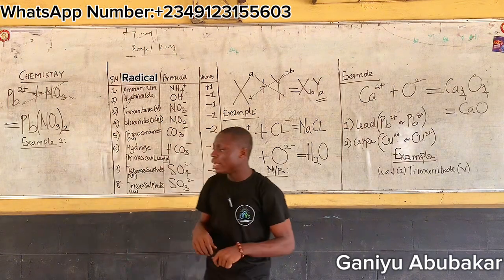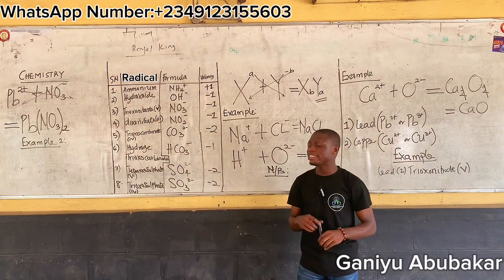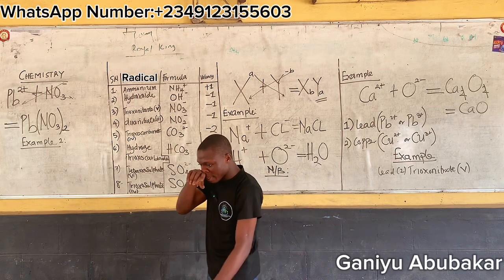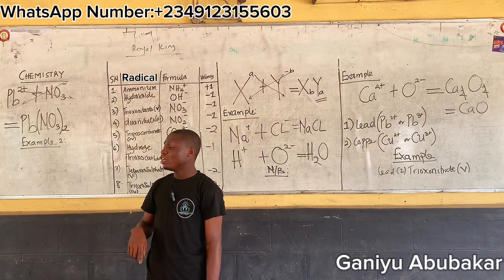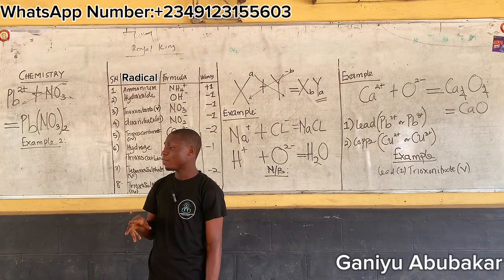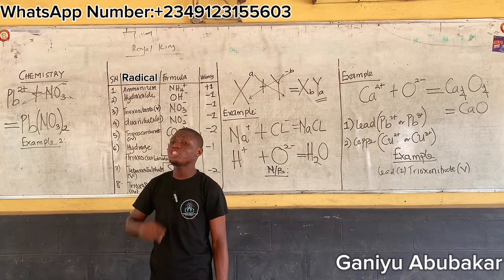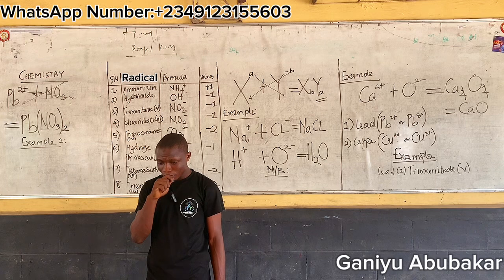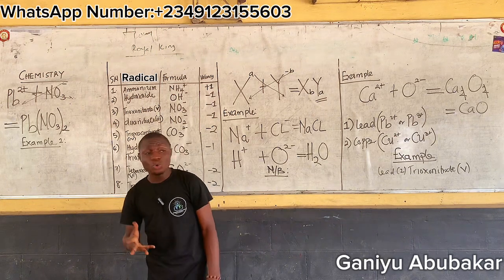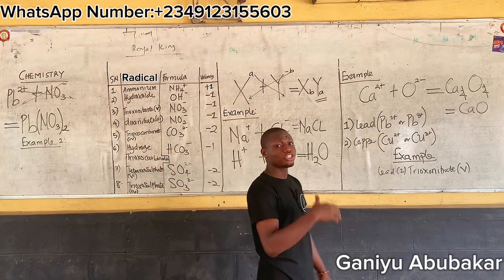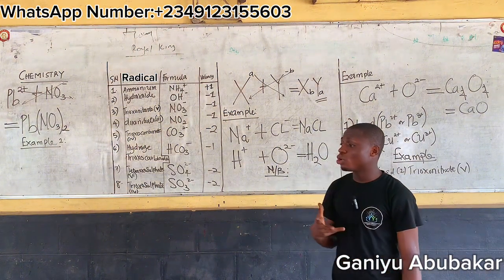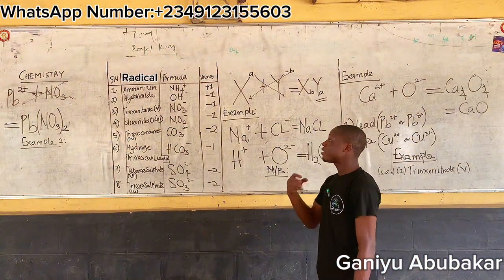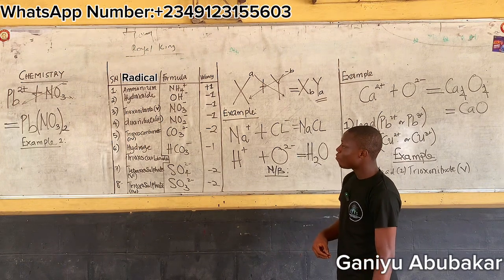Limestone, used in making cement, is got from the combination of calcium and trioxocarbonate 4.